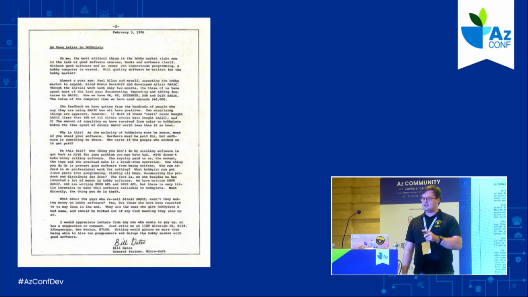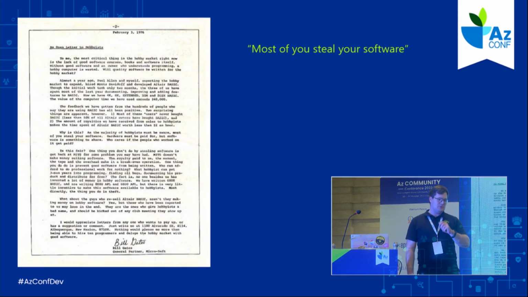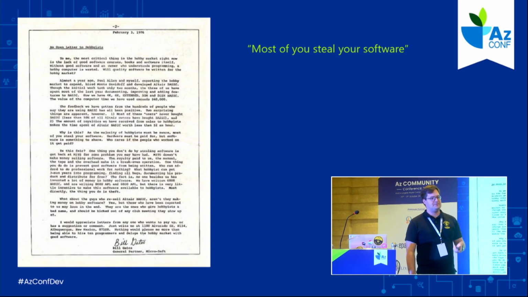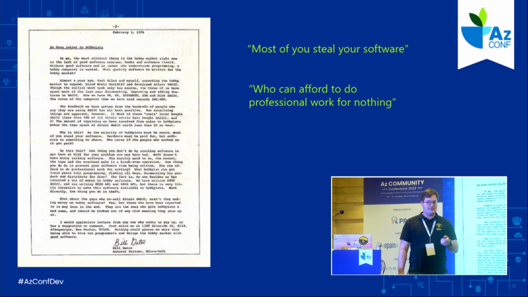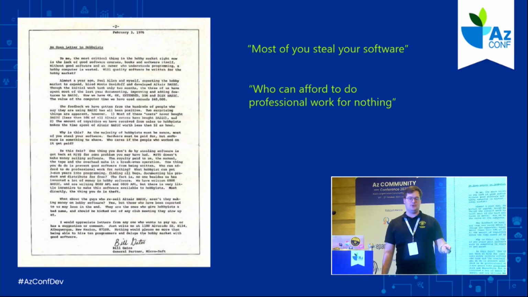But I highlighted a couple of things. The first thing he said about open source is that most of the people just steal your software. They don't pay for it, they just get it for free. He also said, who can afford to do actual professional work for nothing?